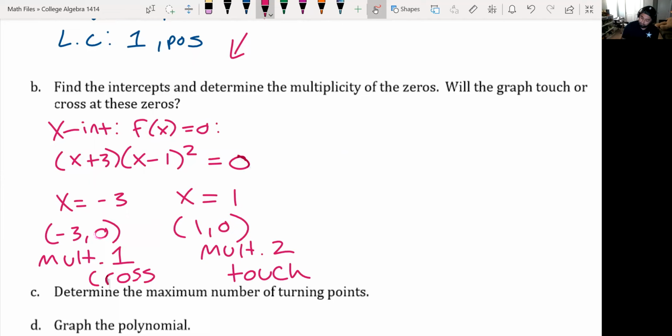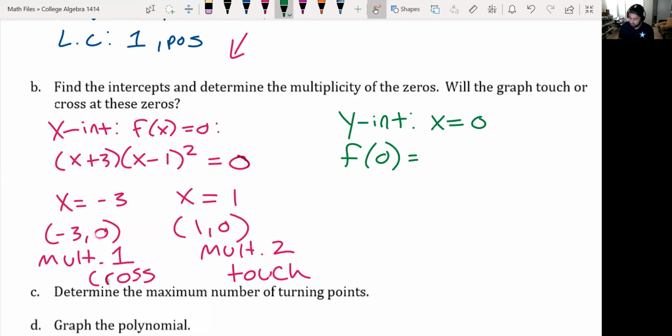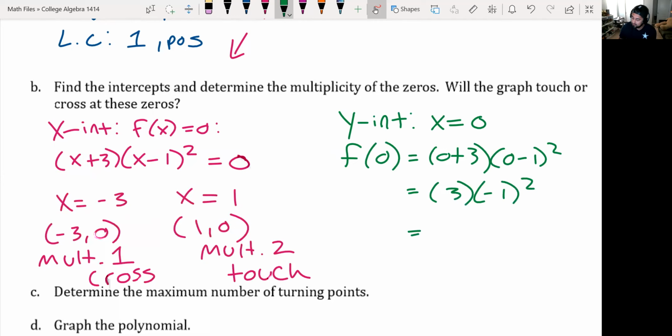Then next is the y-intercept, where we let x equal 0. f(0) = (0 + 3)(0 - 1)^2, giving me 3 times (-1)^2, giving me just 3.